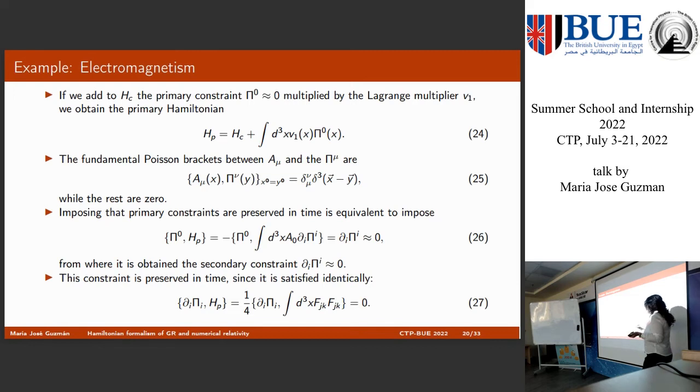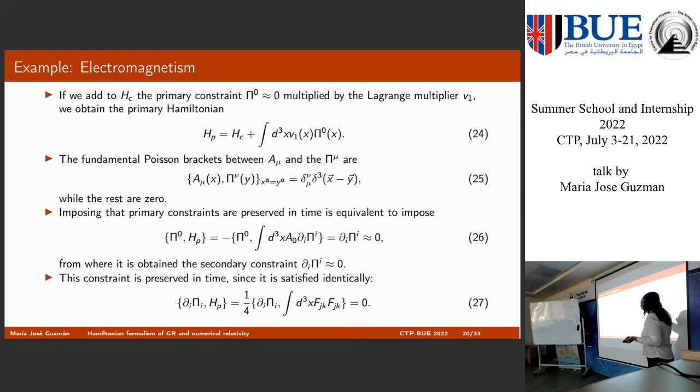Therefore, I obtain a secondary constraint in electromagnetism. And now I need to impose that this constraint is preserved also in time. So I will compute the Poisson bracket of this divergence with, again, the primary Hamiltonian. And I obtain that this is exactly 0.